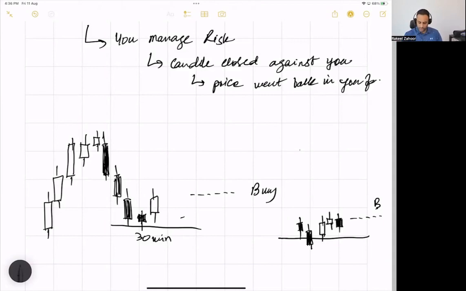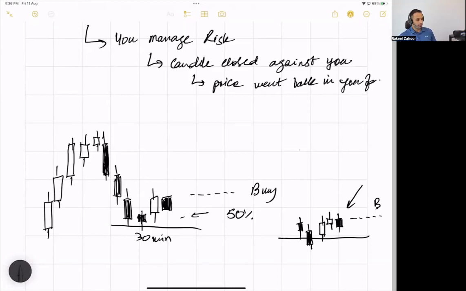So if price goes against you, this means that maybe I want to close 50%. In a 30-minute time frame, the 30-minute candle is now formed bearish. So you close 50%, right? Now you're 50% out of the trade because you saw the 15-minute time frame closing bearish.